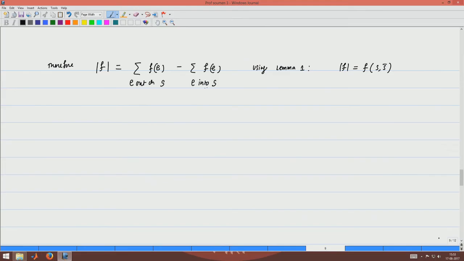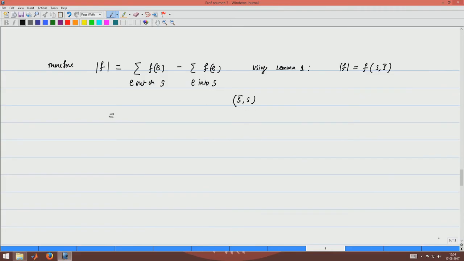Now, this E into S means these are all the edges of the form S bar to S, and we have just proved that if an edge is from S bar to S, then the flow value is equal to 0. So, f of E is 0 for all such edges, right.